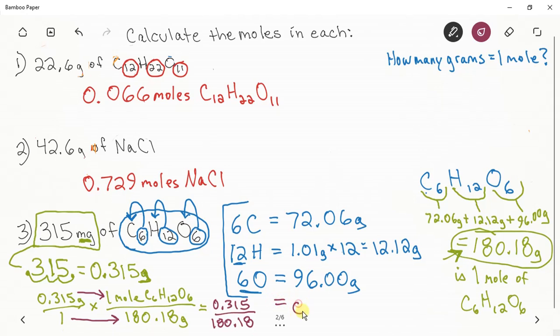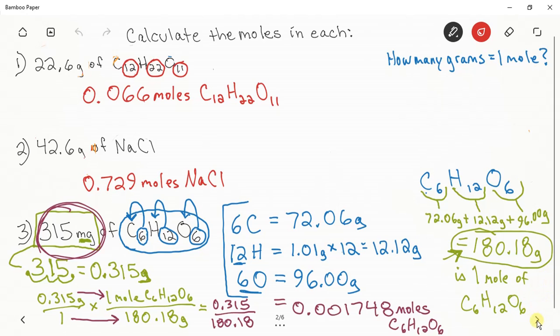And that should give you 0.001748, because I rounded it to 4 significant figures. It's actually longer than that, but I just rounded it. So 0.001748. What does that number mean? That's how many moles you have of C6H12O6 when you only have 315 milligrams of that substance.